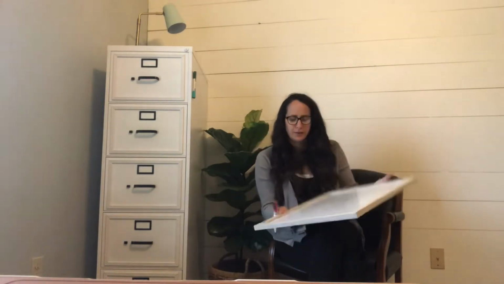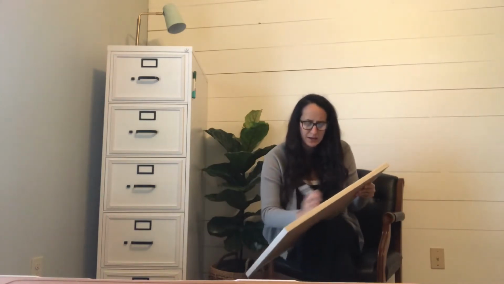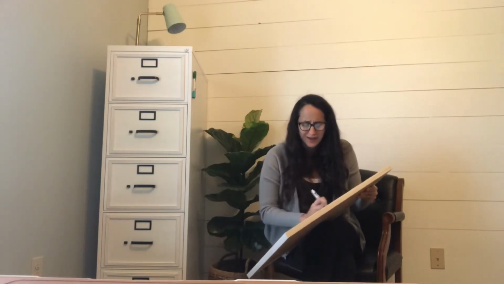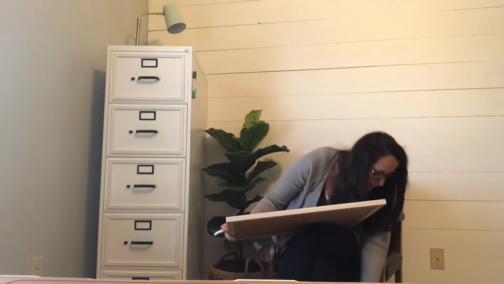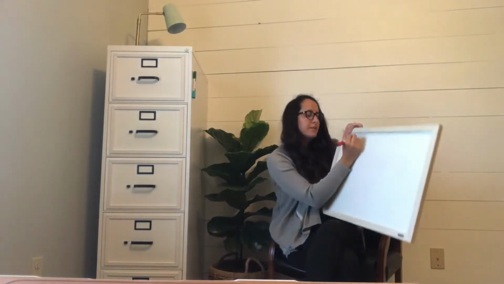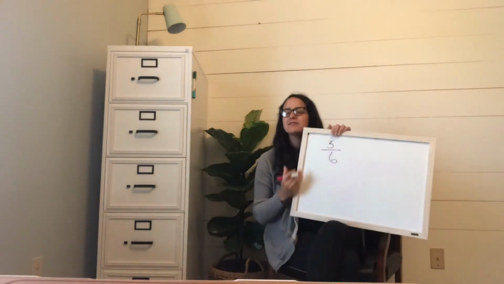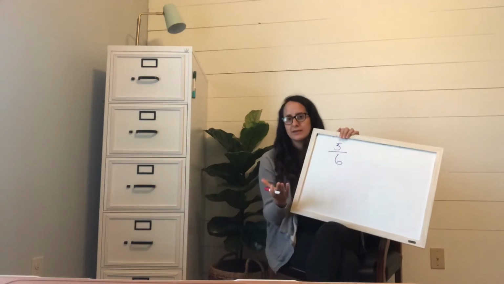So let's look at another one. I'm going to erase my board super fast. This other problem that we're going to work is also in the samples of your book. So if you want to follow along and look with us, it's there for you. Our number is 5/6. We want to write that as a decimal.